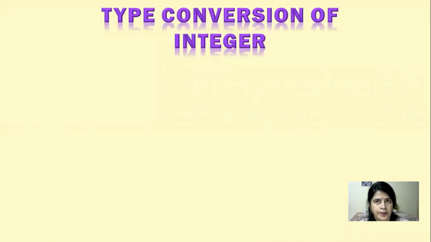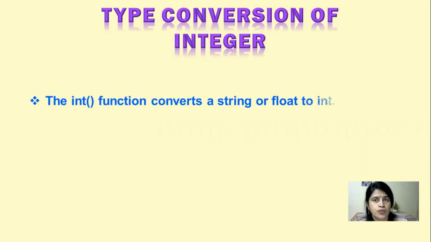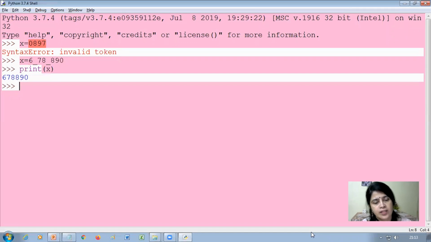Next, the int function converts a string or float to integer. Let us see how. Say for example, x equal, we have 100 in quotes. It will be considered as a string because it is given in quotes.